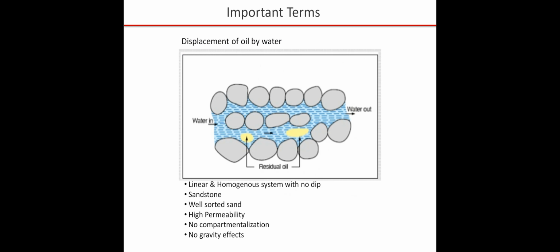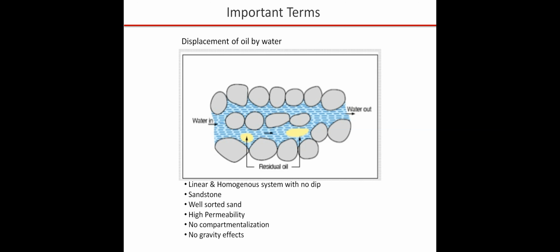So this is a linear displacement of oil by water, water in, water out in the pores, leaving behind the residual oil within the pores, which is held by the interfacial forces as well as the capillary forces, and how much water is flowing out of how much of the liquid coming out, that's all the basic fractional flow.